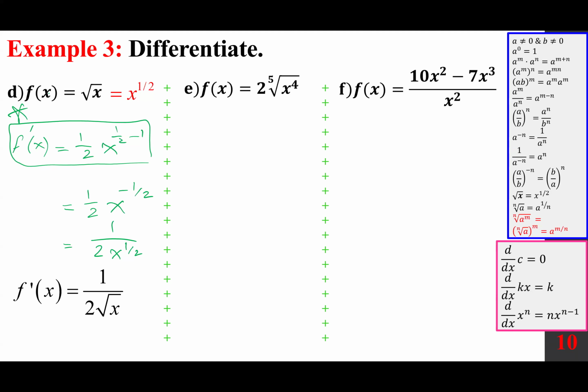For part E, we change this to an exponential format according to that rule, 2x to the power of 4/5.